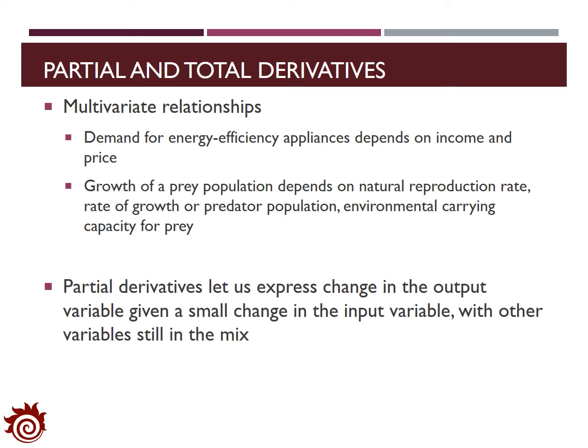In this sense, the partial derivative is very important for us to understand the relationship between the input variables and the output. With the partial derivative, we can express the change in the output variable given a small change in the input variable, with other variables still in the mix.